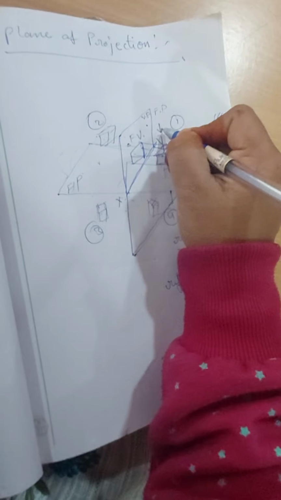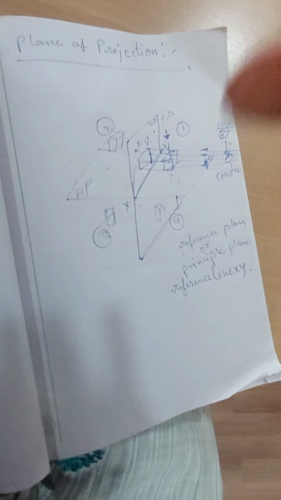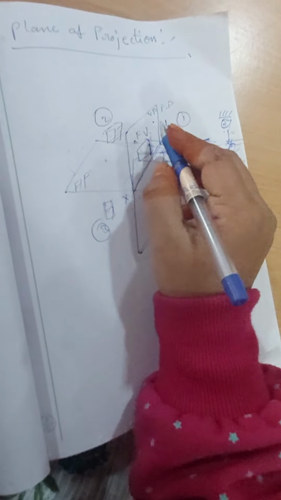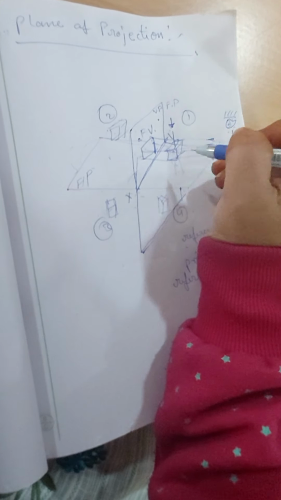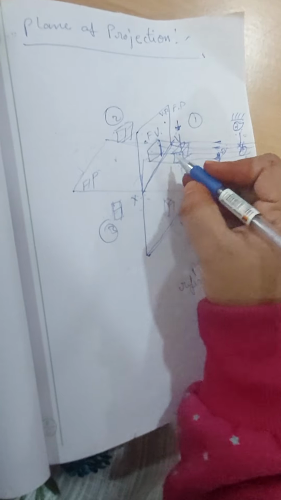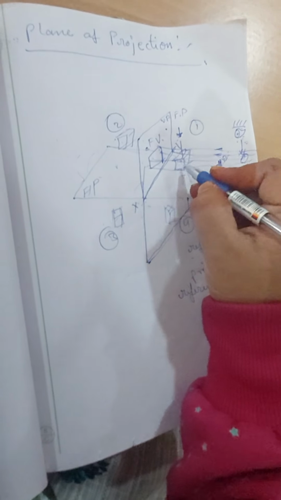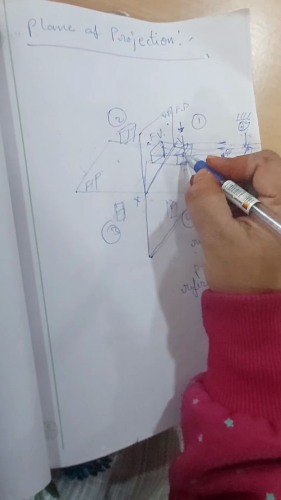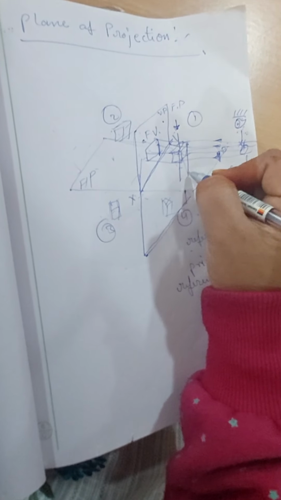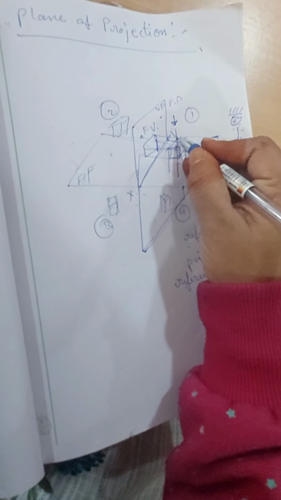Next, assume that the observer is observing the object from above, means from the top of the object he is observing the object, then the rays intersect the object and are projected on the horizontal plane.